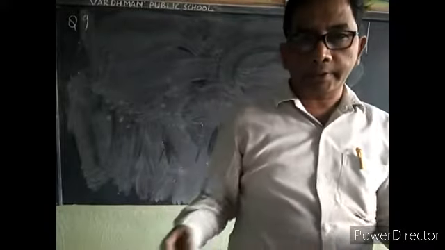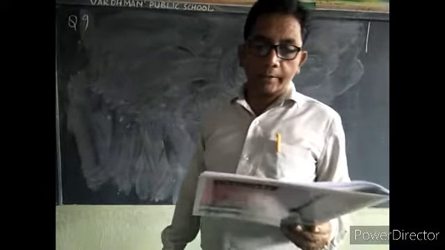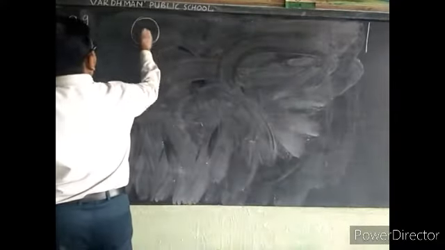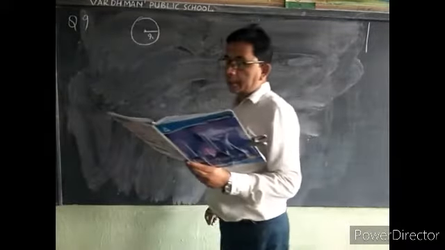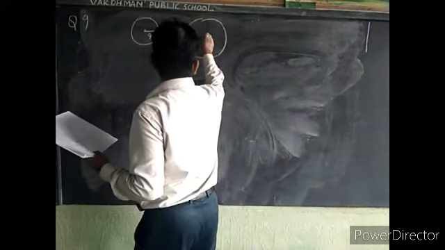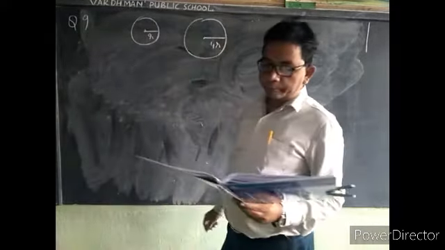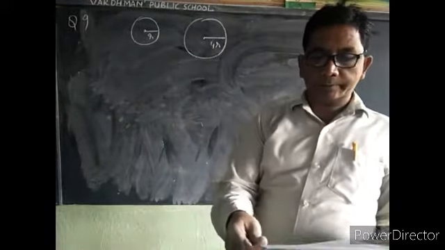A satellite is in a circular orbit of radius r. Another satellite is in a circular orbit of radius 4r. How do you compare their orbital velocity?